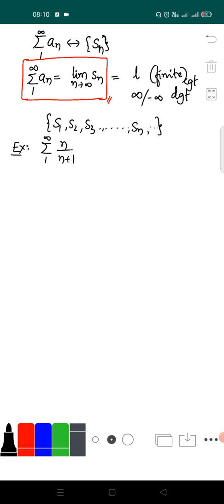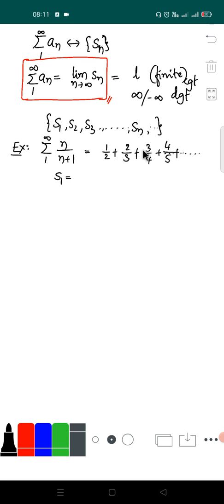If it is like that, where n goes from 1 to infinity, you can see that the series is, if n is 1, 1 by 2, plus if n is 2, 2 by 3, similarly 3 by 4, plus 4 by 5, plus and so on.